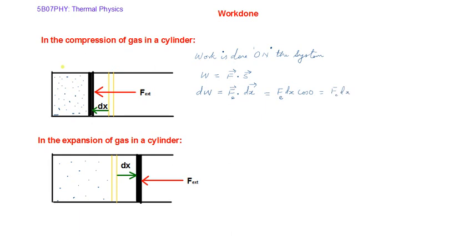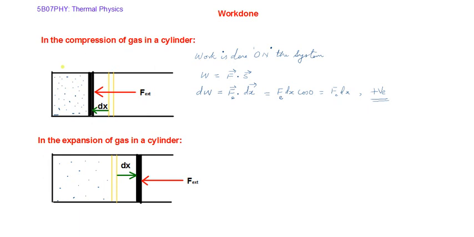Now you know this is positive. So you can see as per our definition, work done on the system is positive, and we are able to justify that statement by using this particular diagrammatic representation.